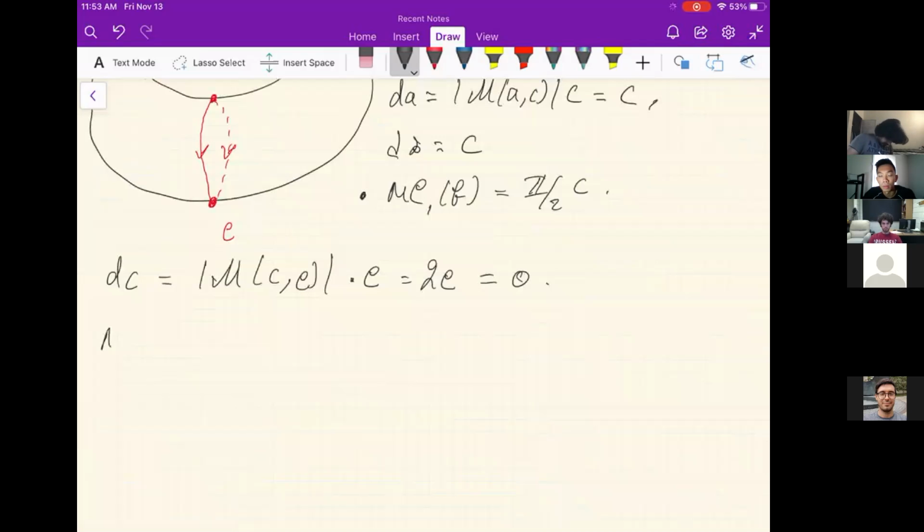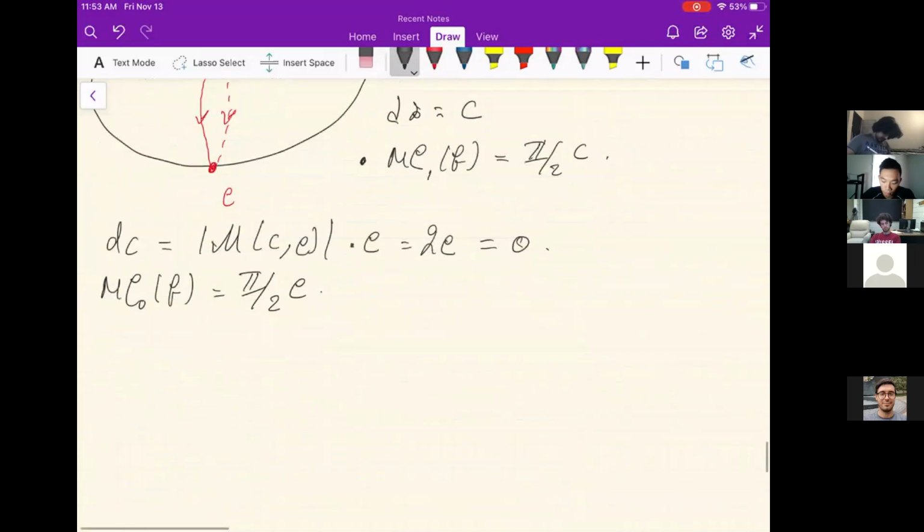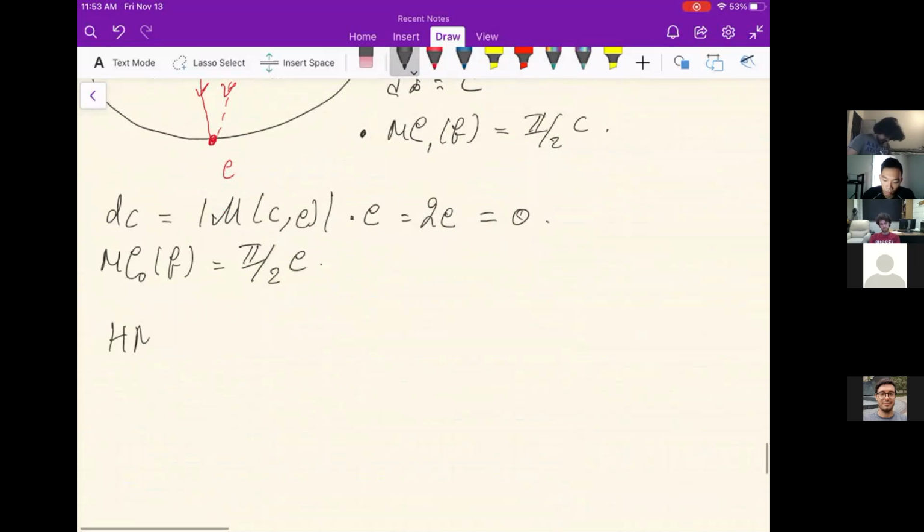So from here, we know the Morse complex in degree 0 is just Z2 generated by E. Now let me compute the Morse homology. That would be Z2 in degree 0.